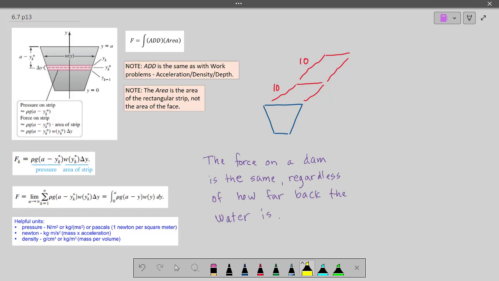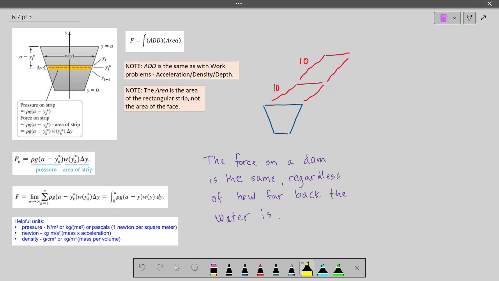And when we look over at our picture here, this is the area that we're talking about right there. We're talking about the area of an elemental strip. With volume, we're taking cross sections that give us circles or rectangles or whatever, and then we add a thickness to get a slice. Here, we're only dealing with 2 dimensions. We're not dealing with 3 dimensions anymore. We're talking about the force on this wall.